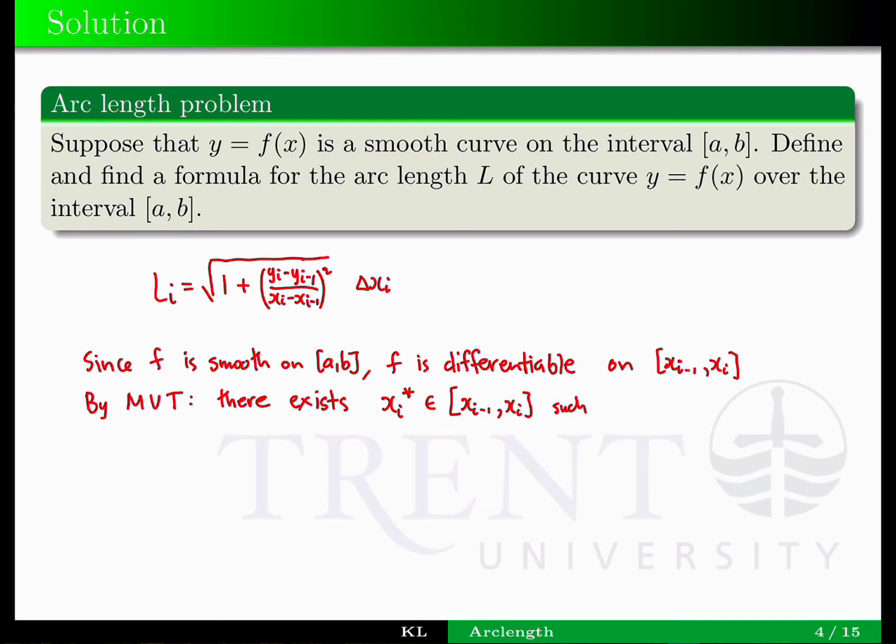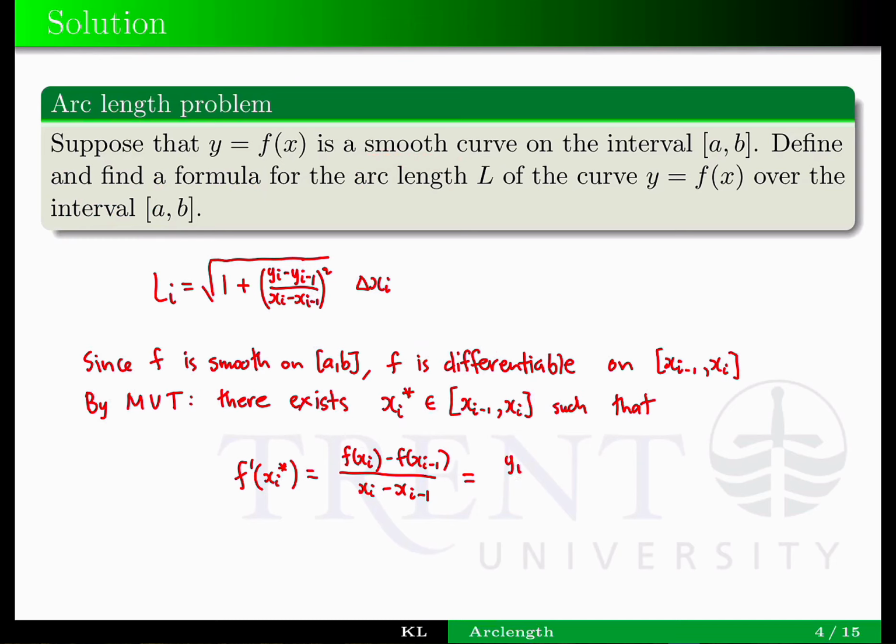such that the derivative of f evaluated at x sub i star is equal to f of x sub i minus f of x sub i minus 1 divided by x sub i minus x sub i minus 1. But these are just your y sub i's, correct?